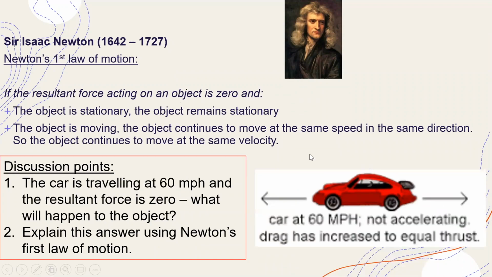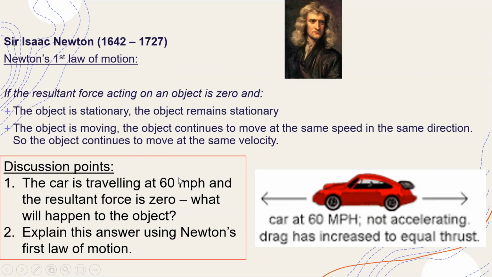So this one is an object moving at a constant speed. The car is moving at 60 miles per hour, not accelerating. It's not getting faster. Drag has increased. Drag is backwards, part of air resistance. It has increased to equal thrust. Thrust is the force from the engines here. So the car is traveling at 60 miles per hour, and the resultant force is 0.